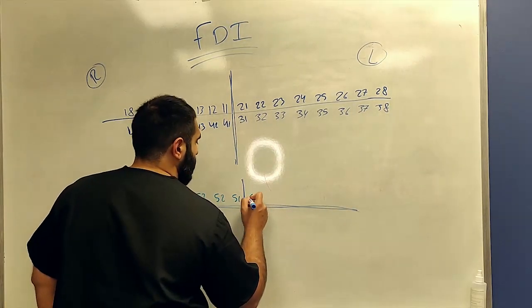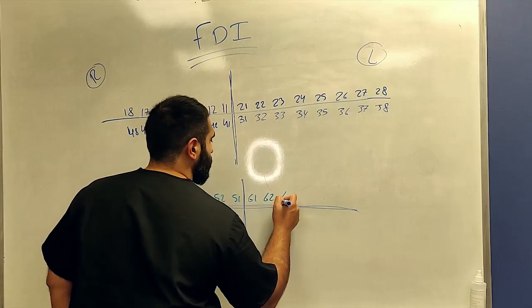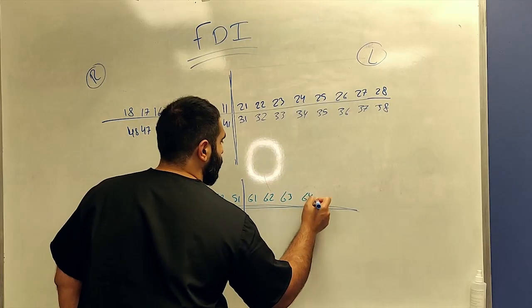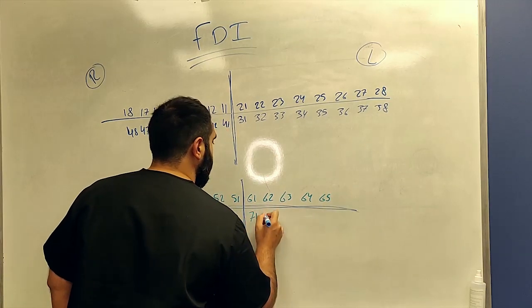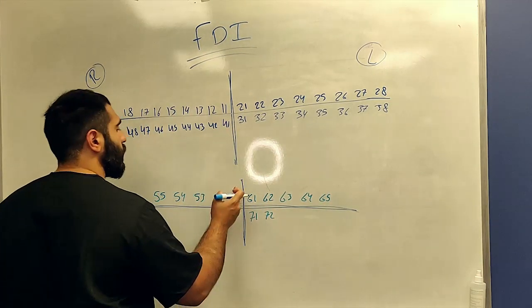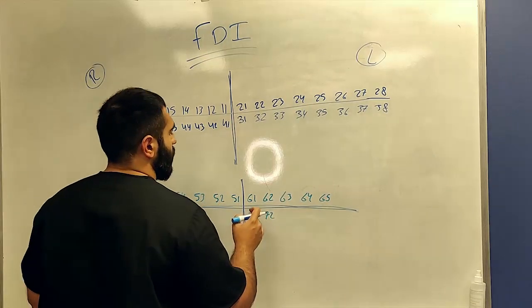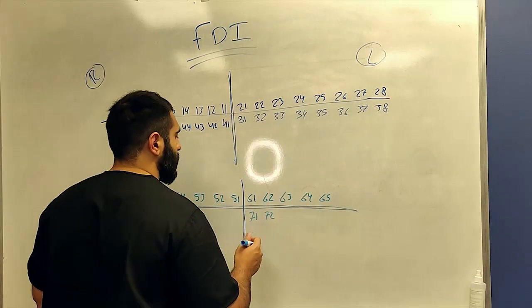So this would be 6, 1, 6, 2, 6, 3, 6, 4, 6, 5, that's it, then 7, 1, 7, 2, 7, 3, 7, 4, 7, 5, and 8, 1, 8, 2, 8, 3, 8, 4, and 8, 5. Again, we start in the midline and we move towards the posterior.